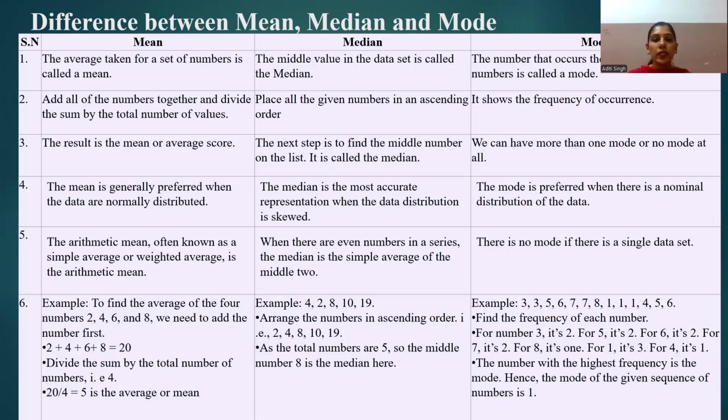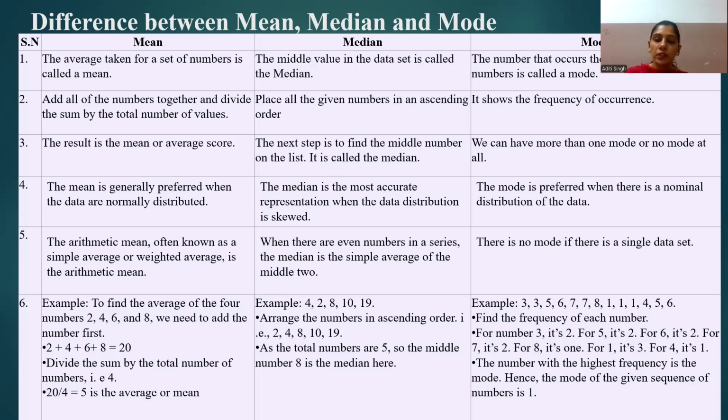Okay, now median. This point we have already discussed while calculating the median. When in a given series the total number is an even number, then the median is very simple to calculate, or we can say the median is the simple average of the middle values.